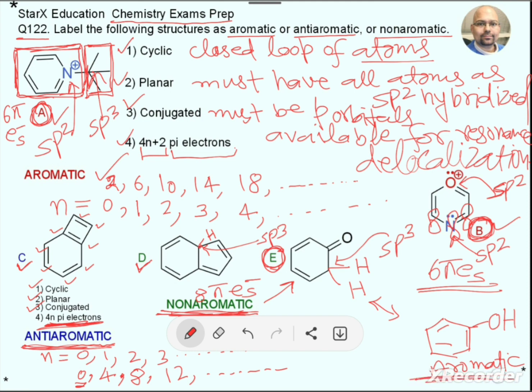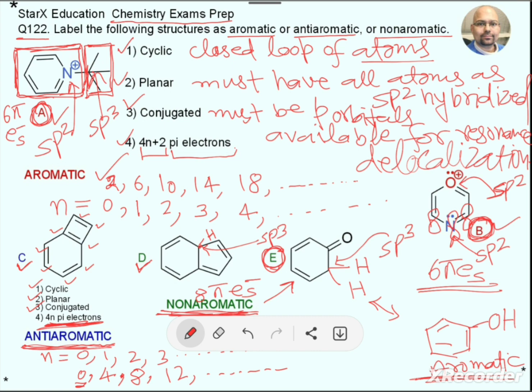All right, so to recap our lesson: the first thing we want to see for any species to be aromatic is, is there a cycle of atoms, and is it planar with all atoms sp2 hybridized? Are there p orbitals available on each atom that are taking part in the resonance delocalization?